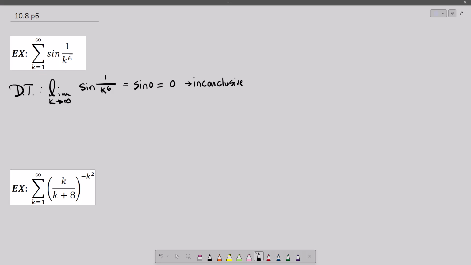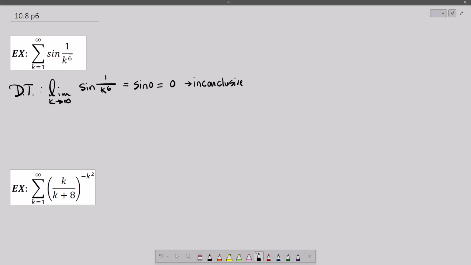Any other ideas? The integral test? So we could try the integral test. Let's think about it. We can integrate sine of x for sure. But can we integrate sine of 1 over x to the 6? We'd need some sort of substitution to work.